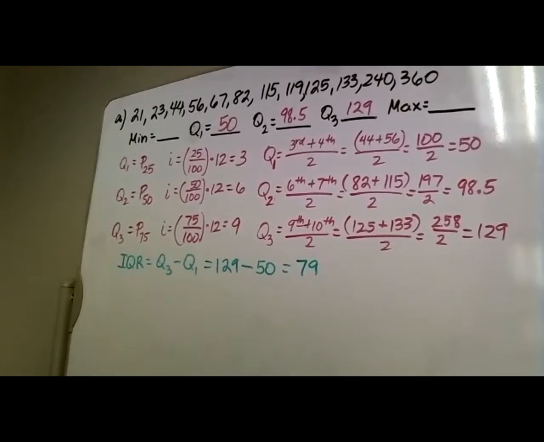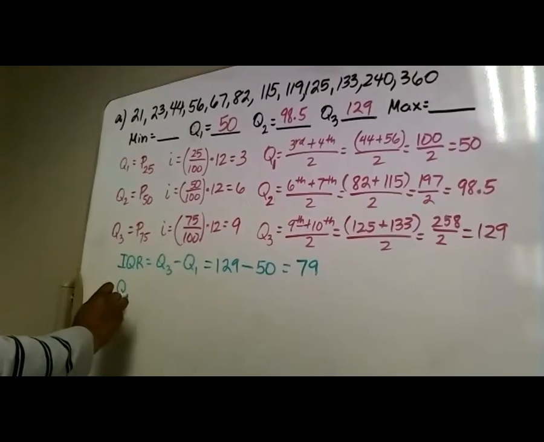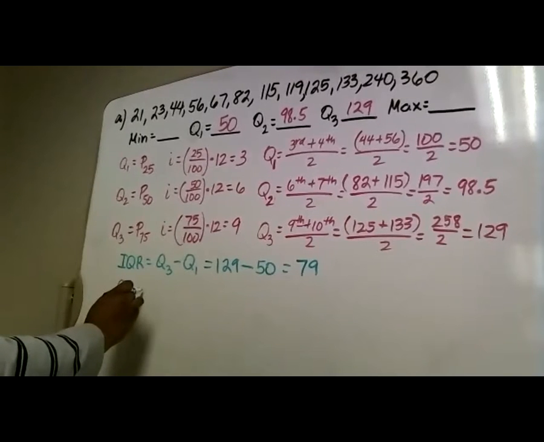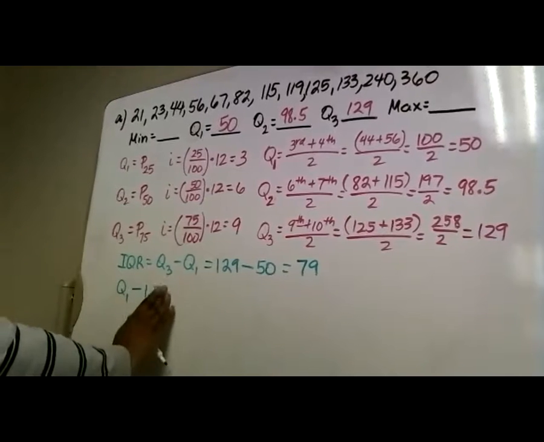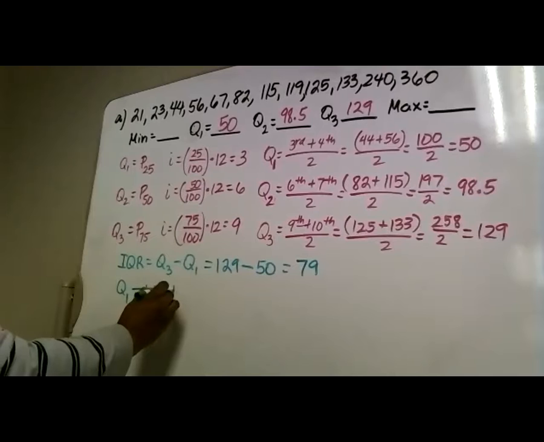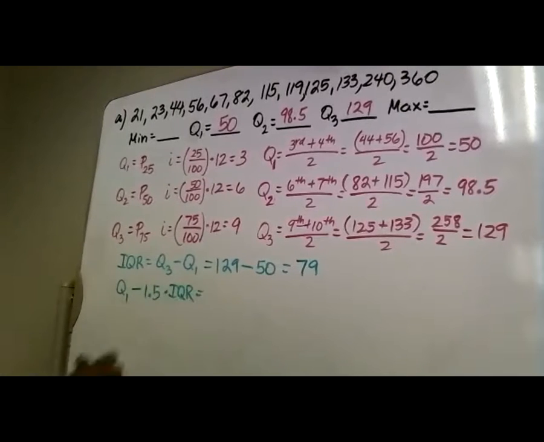Now to find out if I have any extremely low values, I have to do Q1 minus 1.5 times the interquartile range.